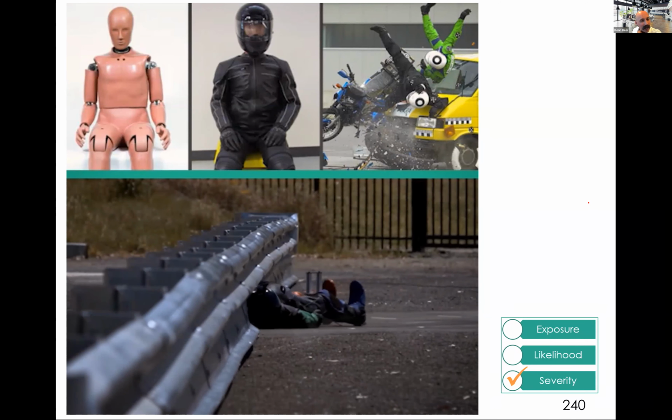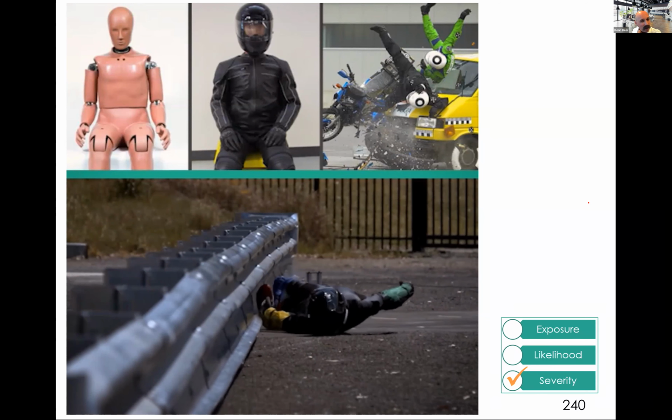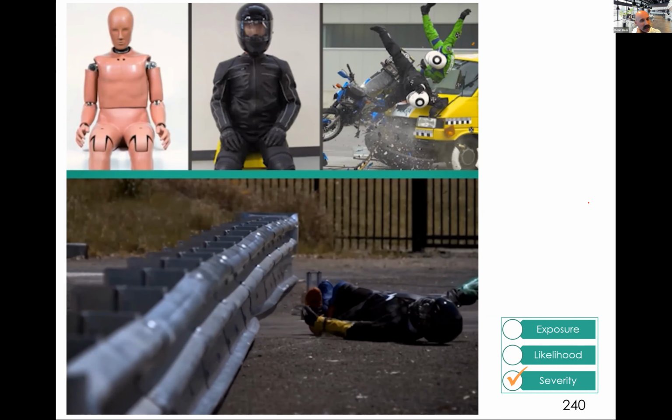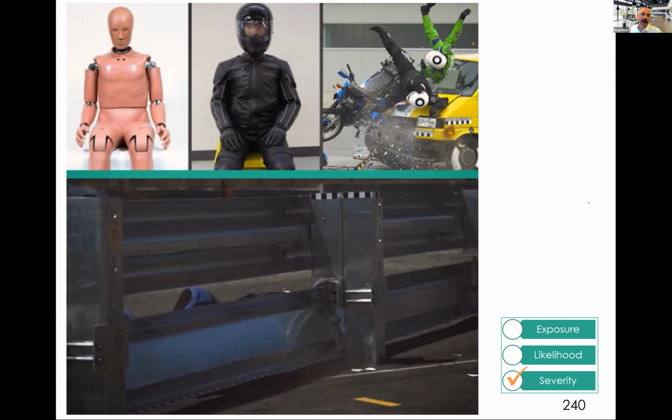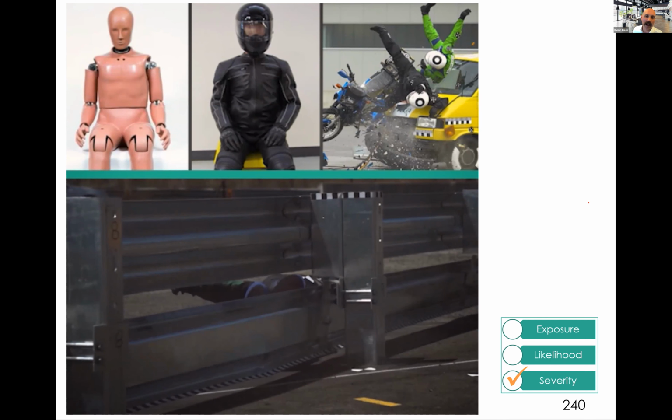If we're able to put an underrun protection device on there, we redirect the energy, and you can see the rider keeps going, dissipating energy along. It's still quite a serious event, but has been shown at that sort of 60 km/h to be within tolerable limits. And so we see the severity significantly reduced with the implementation of the underrun protection.